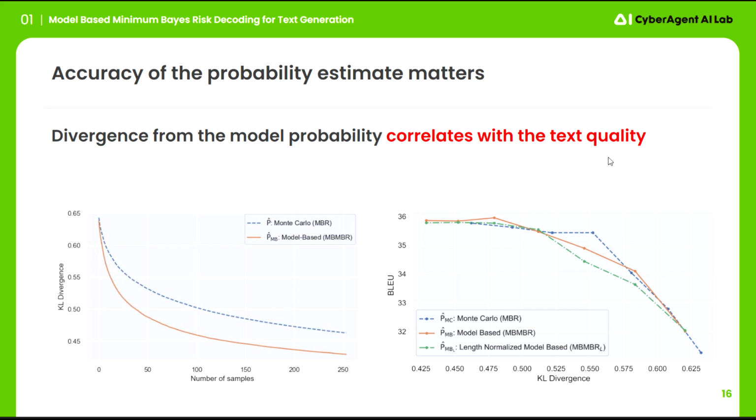That is, if you can estimate P model better, then you get higher quality text. On the right, we have KL divergence on the x-axis, and y is the quality of the text. You can see that it is strongly correlated, and it correlates for any algorithm we have tried.